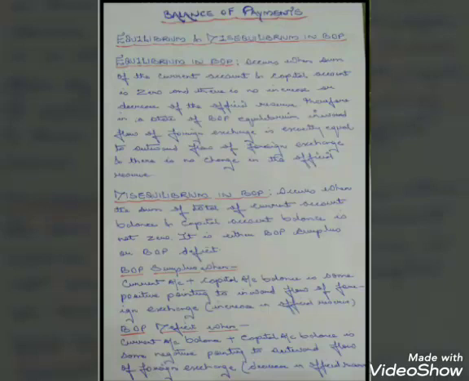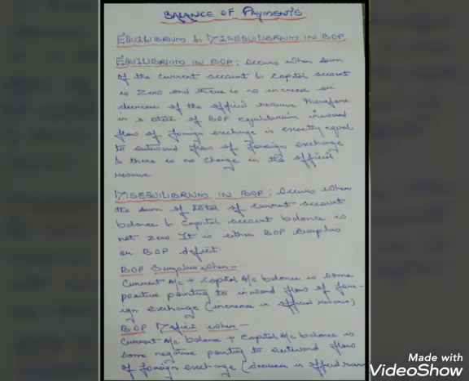Now if we talk about balance of payment surplus, it occurs when current account balance plus capital account balance is a positive number, which indicates an inward flow of foreign exchange, leading to an increase in the official reserve.